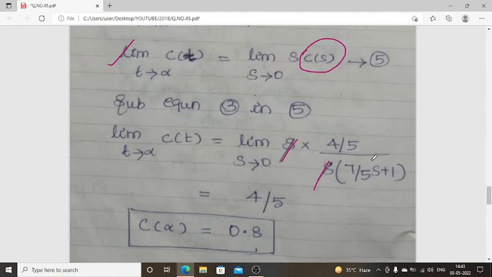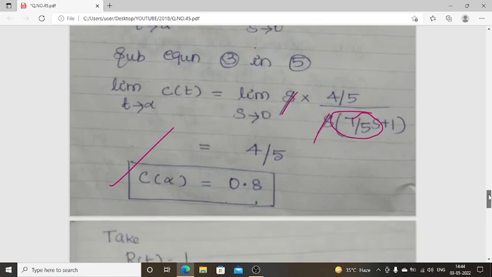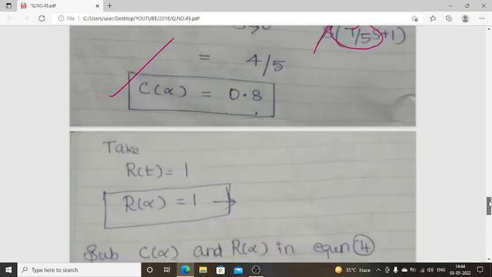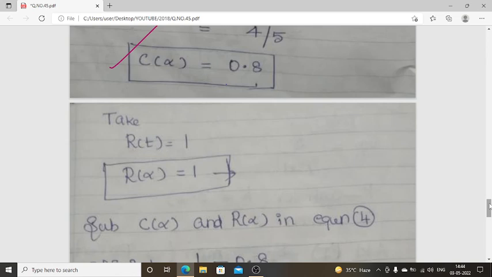S tending to 0 means this part is 0: 7 by 5 into 0 is 0, plus 1, that is 1. For the numerator part, 4 by 5. So finally C of infinity is equal to 4 by 5 or 0.8. Are you clear?